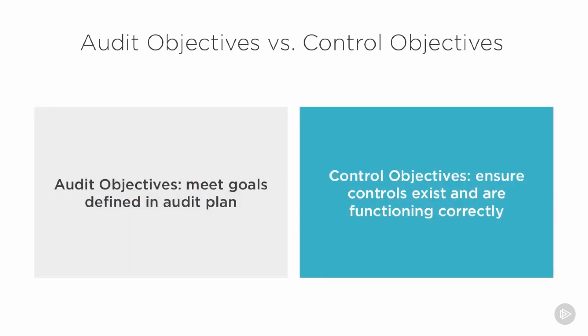A big part of doing an audit of controls will be to ensure that we have put in place the right controls, that the controls have been implemented as designed, and those controls are functioning correctly. In most cases, when we conduct an audit, the audit plan and audit objectives will be to ensure that we have the correct controls and they're doing what they are supposed to do.